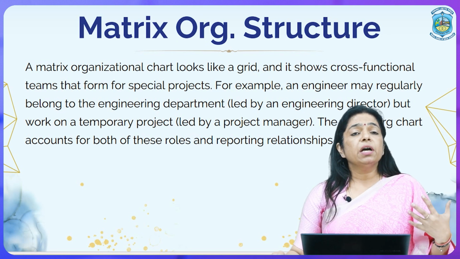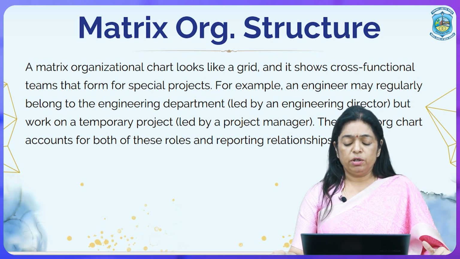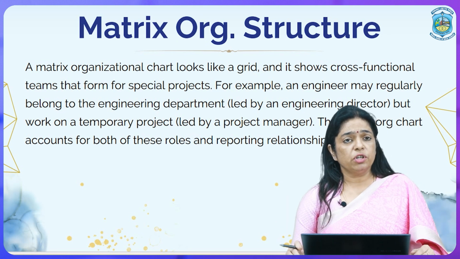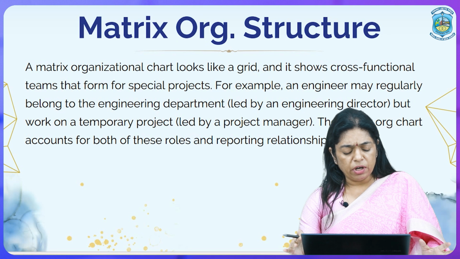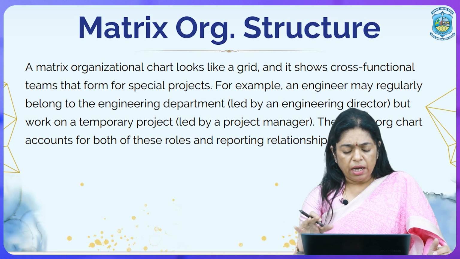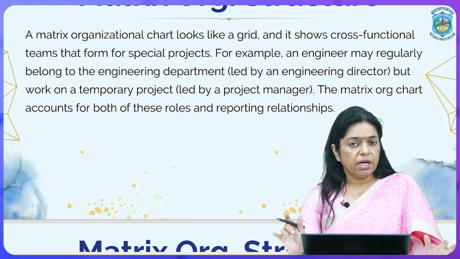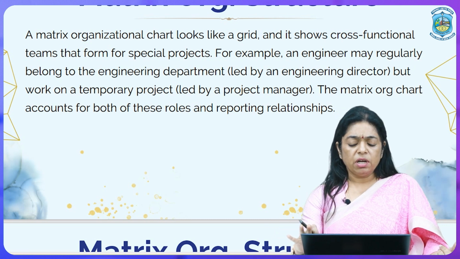So he may become a project manager. He may be working as a normal employee, and also be part of the project. This type of mixed structure, which looks like a grid, is called a matrix organization chart, and it accounts for both of the roles that an engineer would be playing, as a normal engineer and also as a project manager.